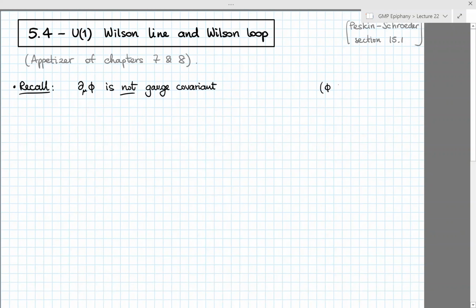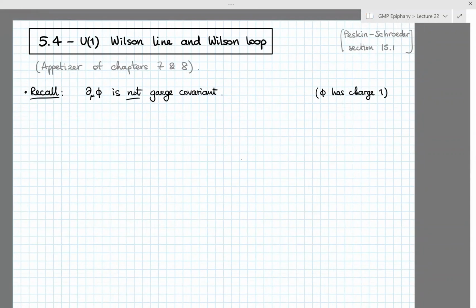And here I'll stick to phi with charge 1, but as an exercise you can work out what changes if phi has charge q.